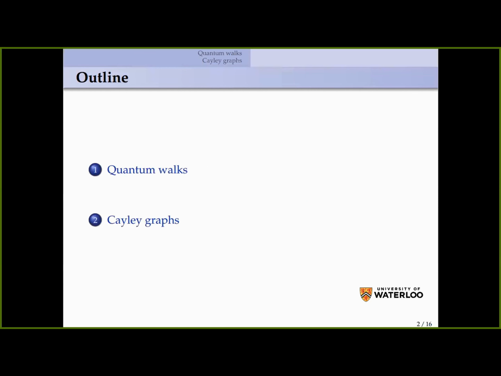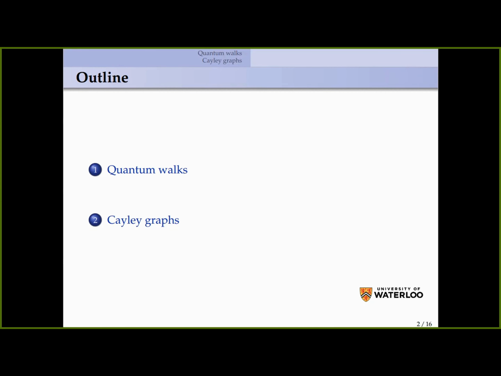So here's my completely useless outline for this very short talk. I will start by telling you what quantum walks are and some behaviors that we look for in quantum walks. And then I will talk about Cayley graphs and tell you what those are.